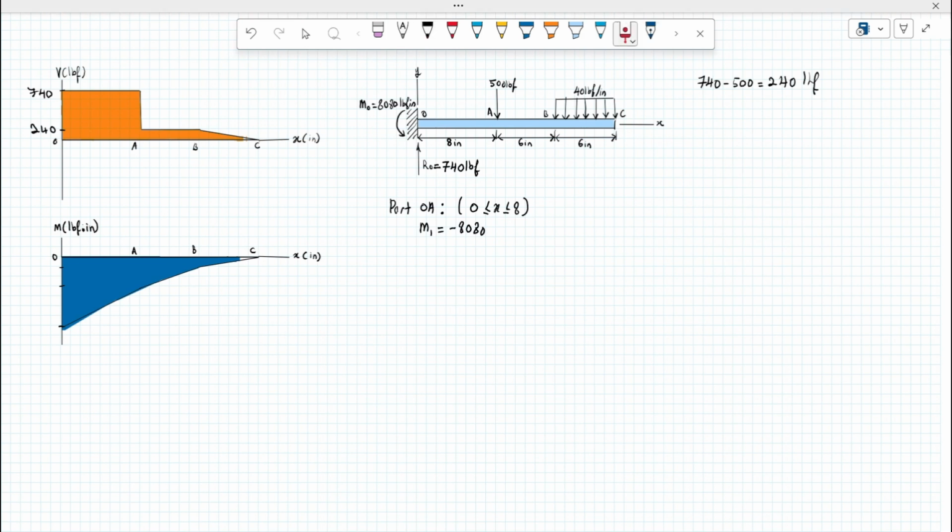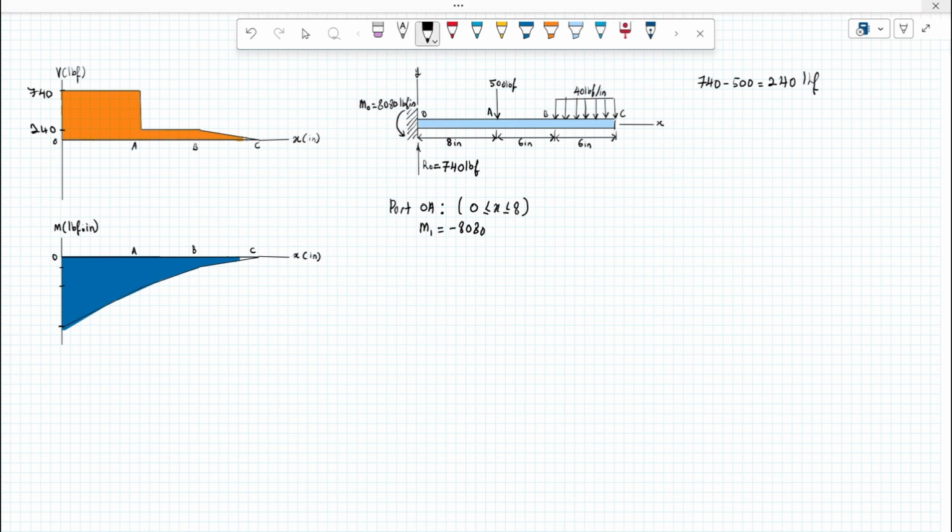So we're gonna consider the existing moment located at point O, which is here, the reaction moment. And then since this is part OA, we need to consider the reaction forces of here.